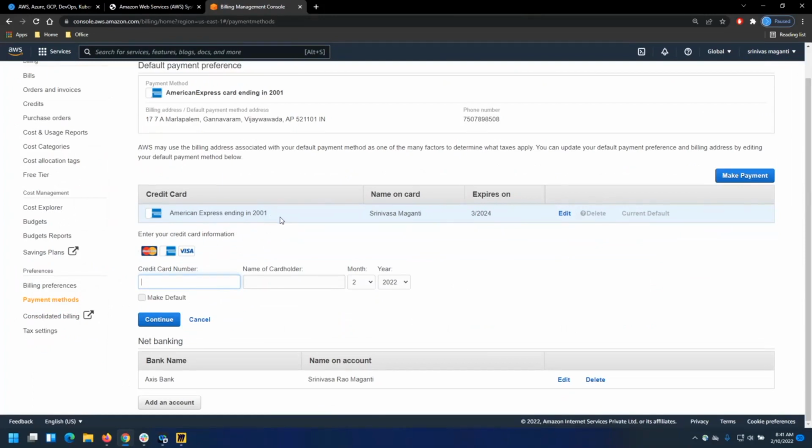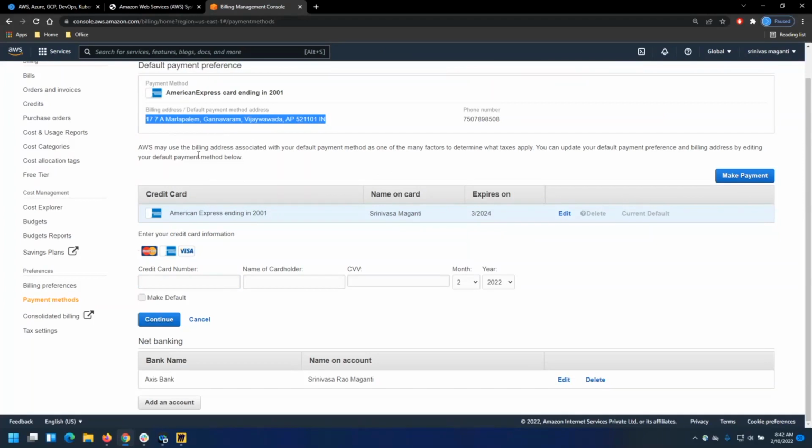You have to make sure that the billing address of the card and the address you provided are the same. Sometimes they randomly validate these things in the backend through their payment gateway systems, and if the address is not matching, they will not enable the account for your personal usage.